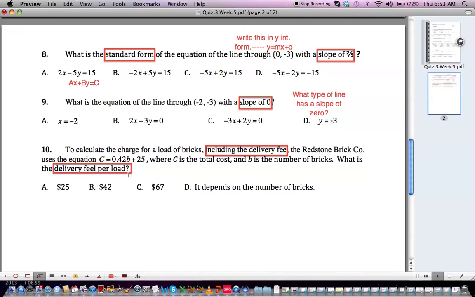So looking at this equation, what is the standard delivery fee? So no matter how many bricks you get, what do you have to pay off the top for a delivery fee? Okay. If you have any questions, raise your hand.